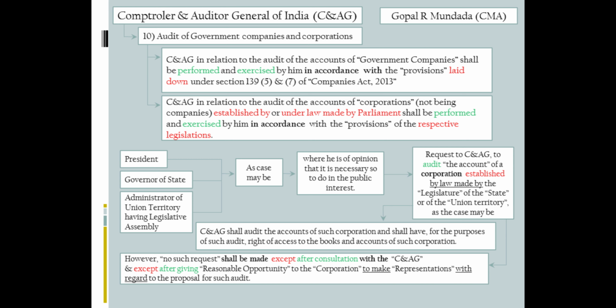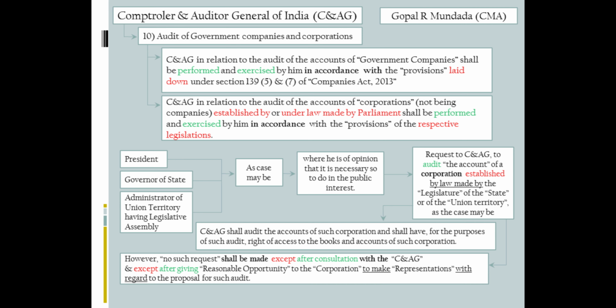So guys, next is the President, Governor of the state and administrator of the union territory, as the case may be, where he is of the opinion that it is necessary in the public interest, may request the C&AG to audit the accounts of a corporation established by a law made by the legislature of a state or union territory, as the case may be.